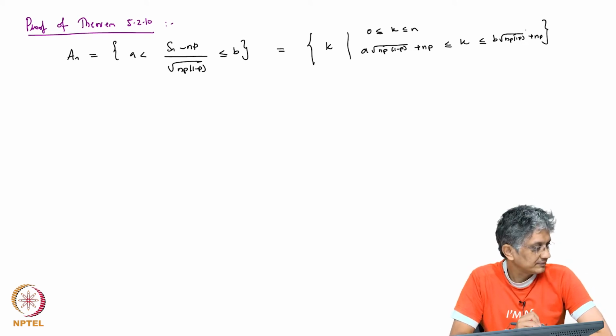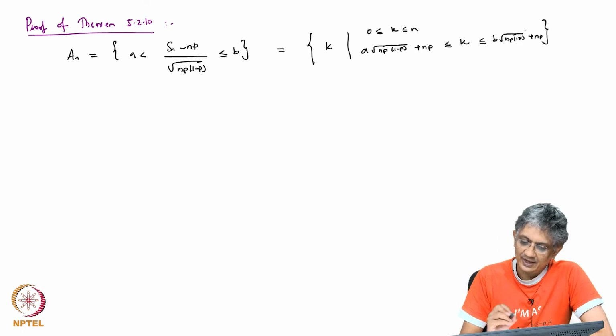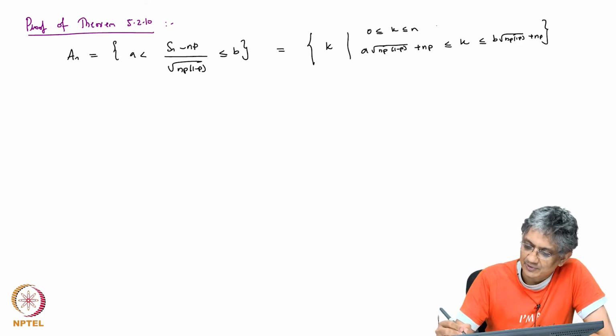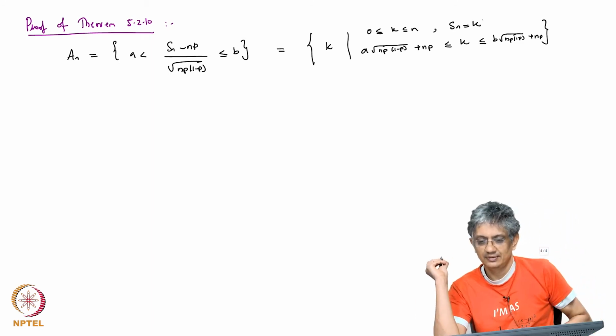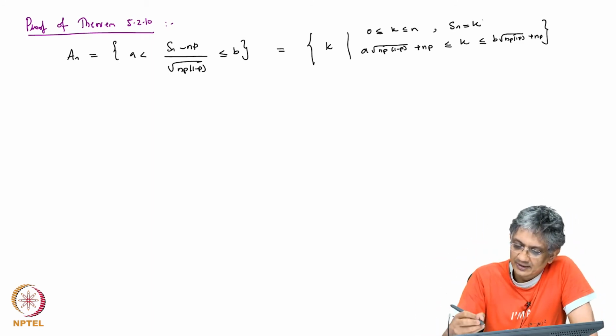I'll think of An as this, and Sn is equal to k. So k is between 0 and n, and this expression holds: A times the square root of Np plus Np is less than or equal to k, and Sn is equal to k.